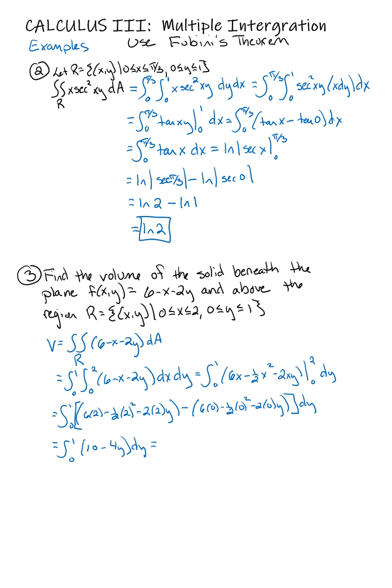Integrate with respect to y gives us 10y minus 2y squared, which we will evaluate from 0 to 1. Again, gotta love having those zeros in there. So this simplifies down to just 10 minus 2, which is 8.